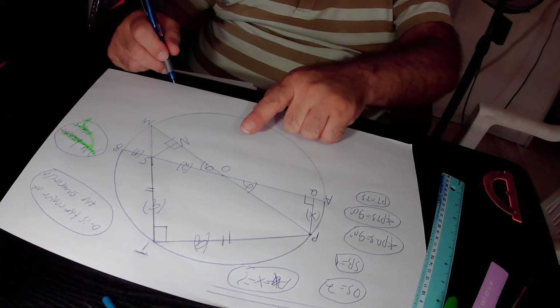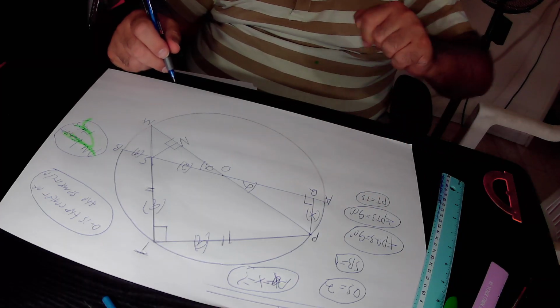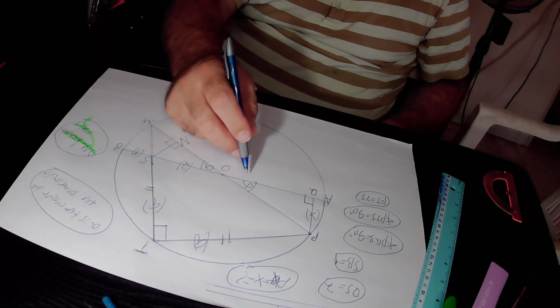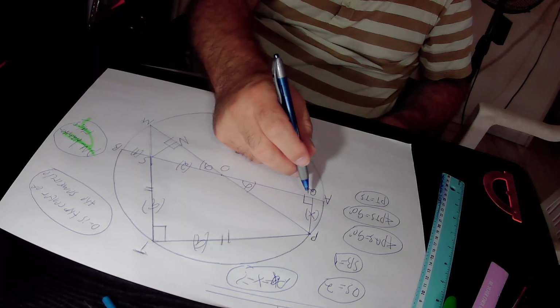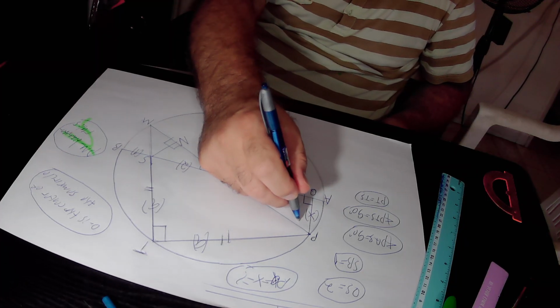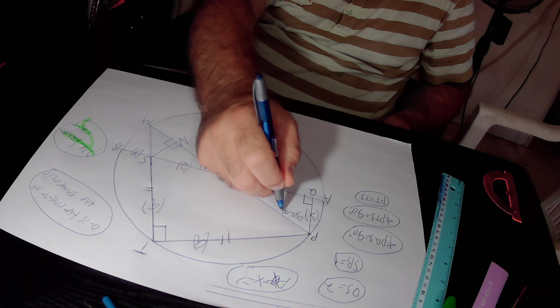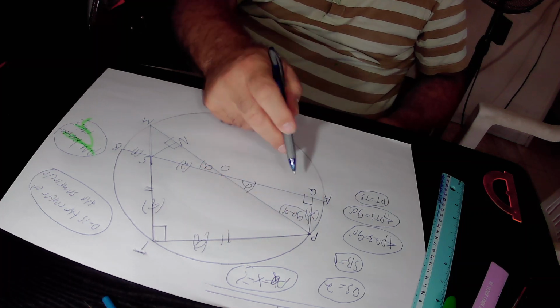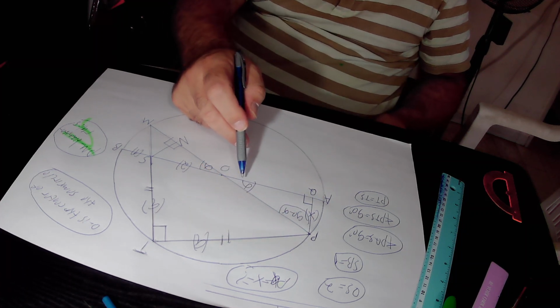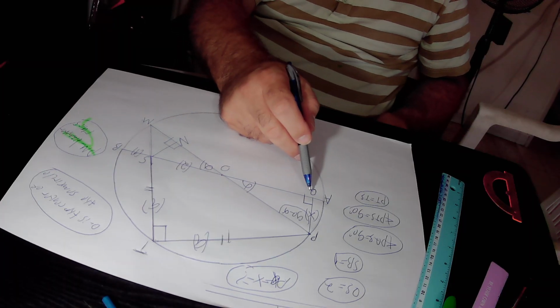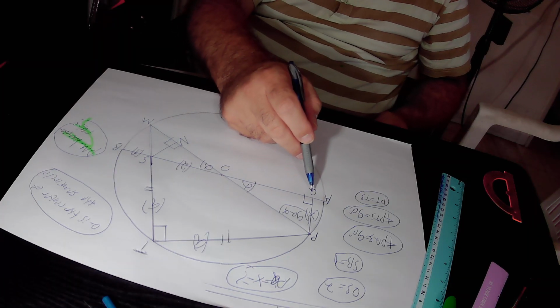So in the right triangle PQO, this angle equals alpha, this angle equals 90 degrees, and therefore the first missing angle must be equal to 90 degrees minus alpha. Why? Because 90 degrees minus alpha plus alpha is 90 degrees, and 90 degrees plus 90 degrees is equal to 180 degrees. That is the sum of the angles in any triangle.